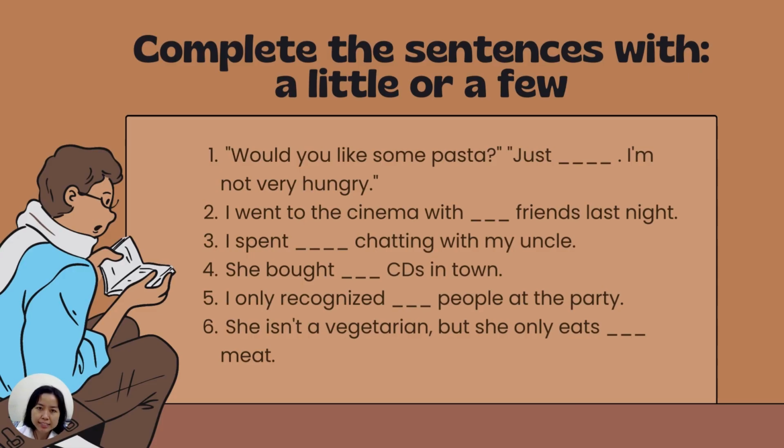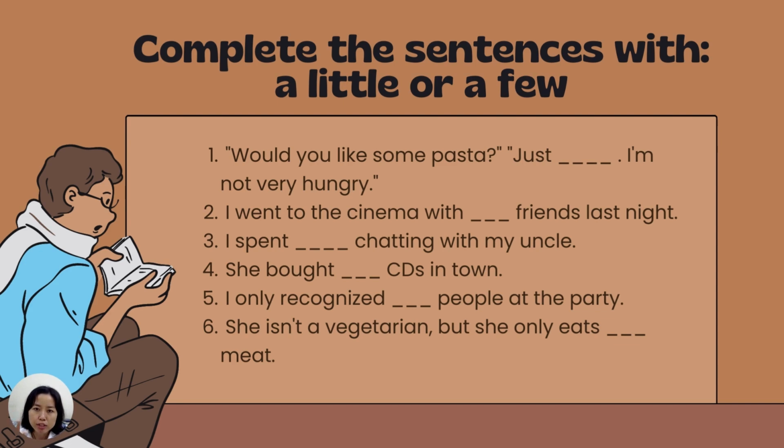Okay, let's check your understanding. Let's complete the sentences together with a little or a few. Number one, would you like some pasta? Just blank, I'm not very hungry. What is the object that we're talking about here?